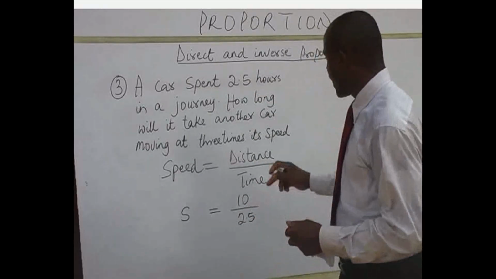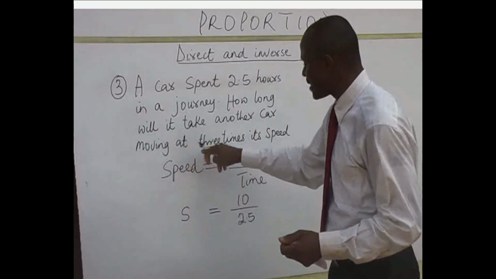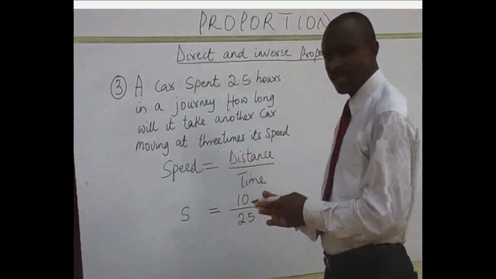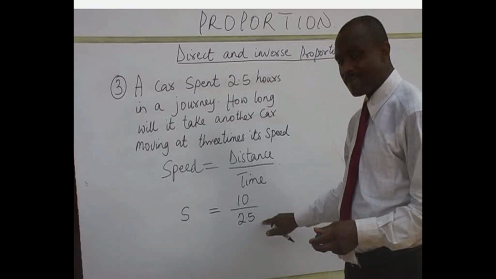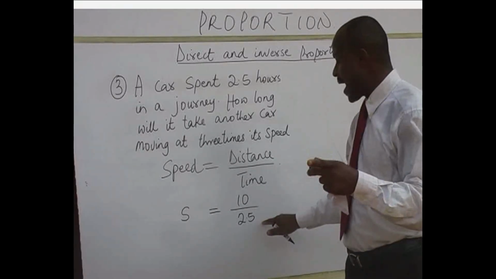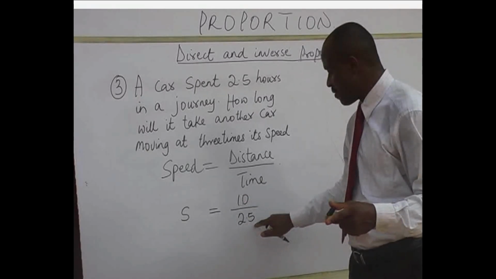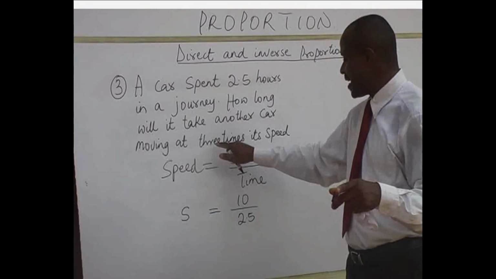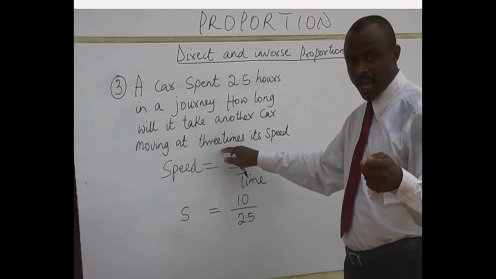Now, they said, how long will it take another car moving at 3 times its speed? If this 10 over 2.5 is the speed of the first car, then the second car speed will be 10 all over 2.5 times 3, because they say it is moving at a speed of 3 times the first car.